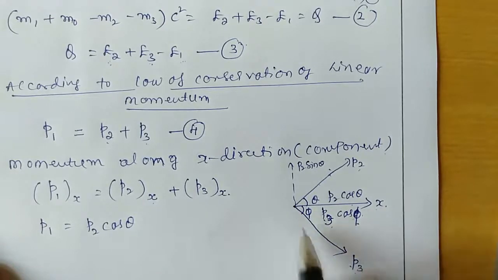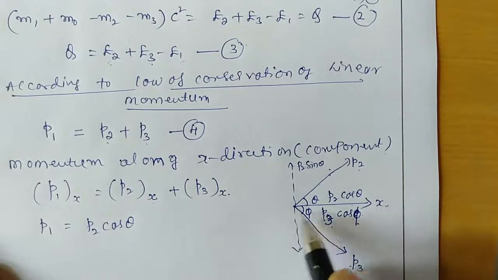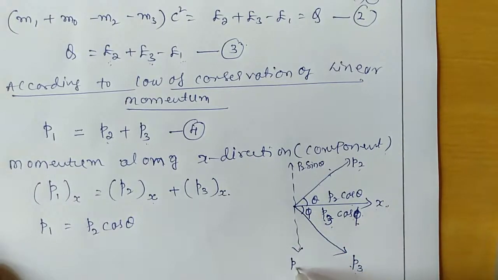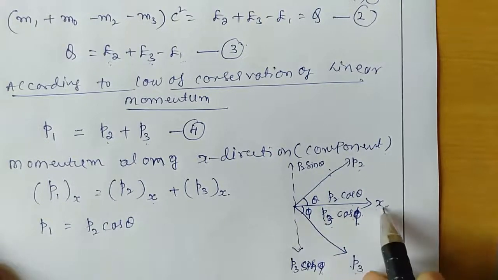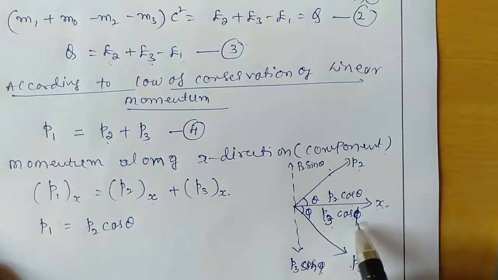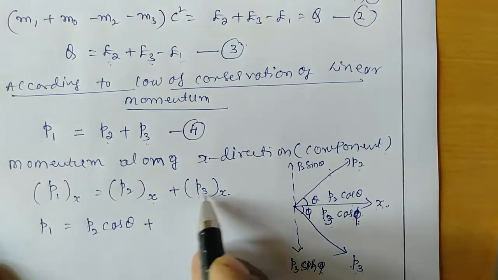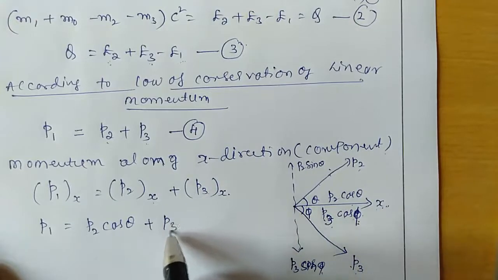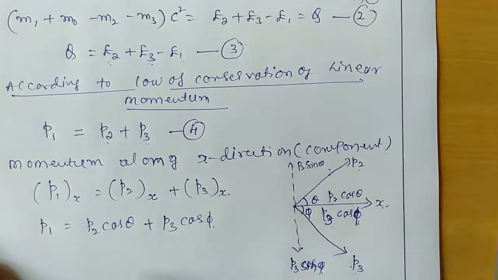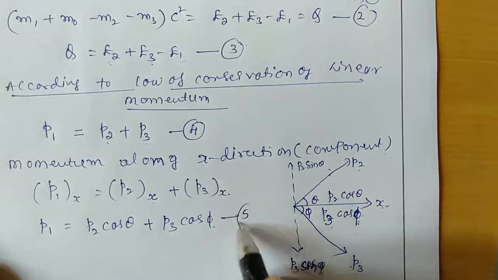So if I resolve this into horizontal and vertical components, this is your horizontal component and this is your vertical component. Here it is P3 sin pi. Okay, here the x component is P3 cos pi. So therefore I'll write P3 x component as P3 cos pi. So this is equation number 5.